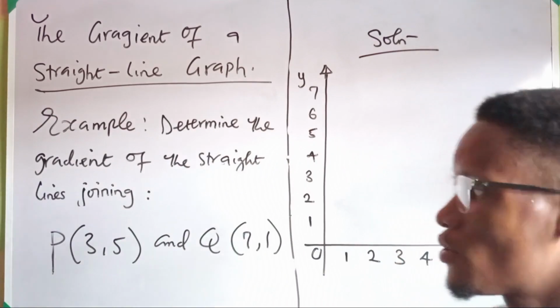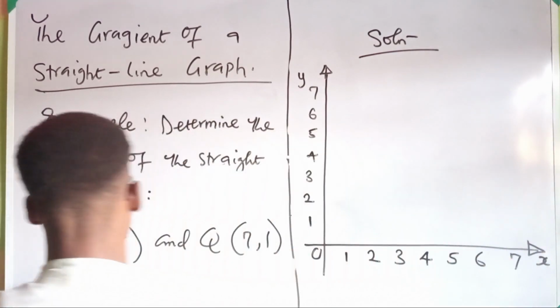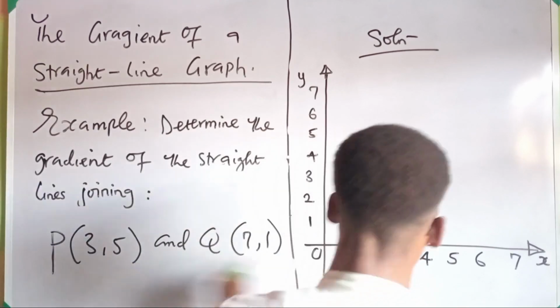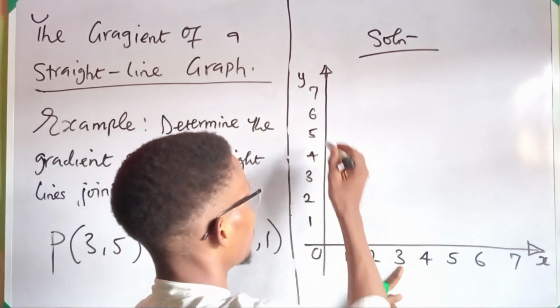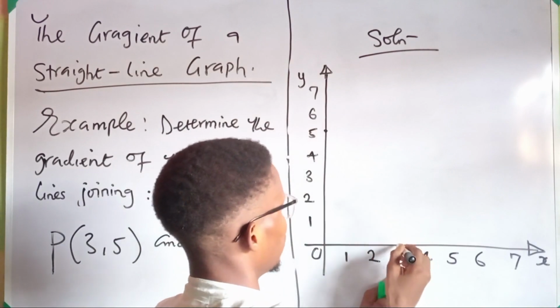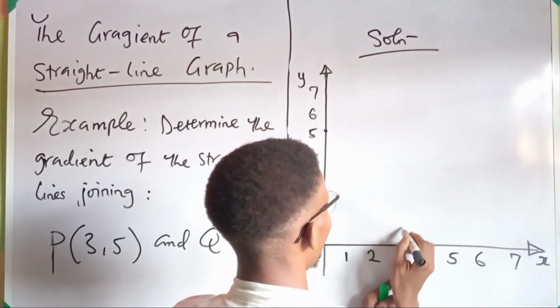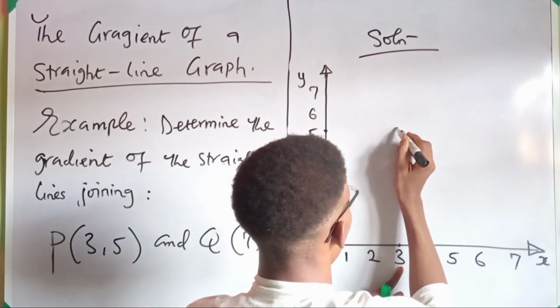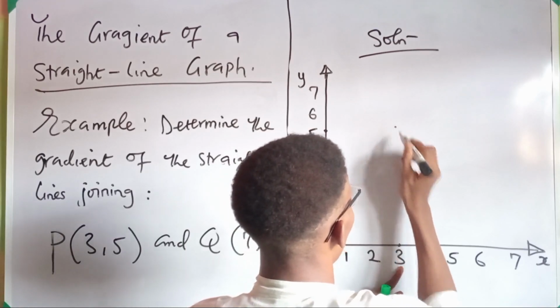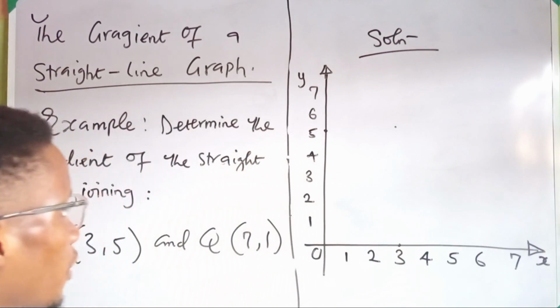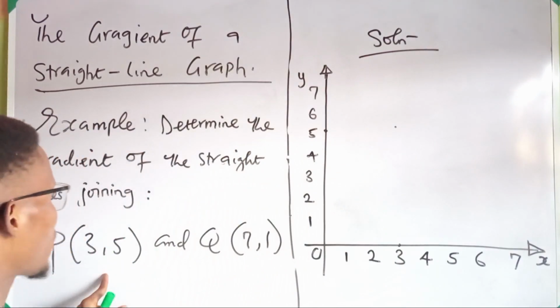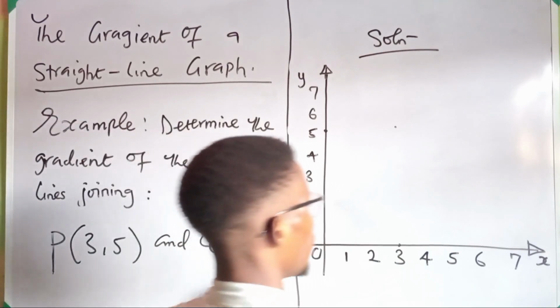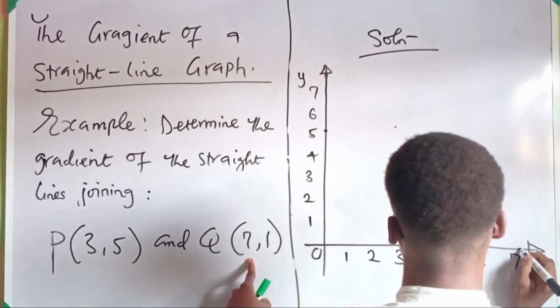The next thing is, when S is 3, Y is 5. So we can take this up like this. Pick the point where they meet. Now, when S is 7, Y is 1.